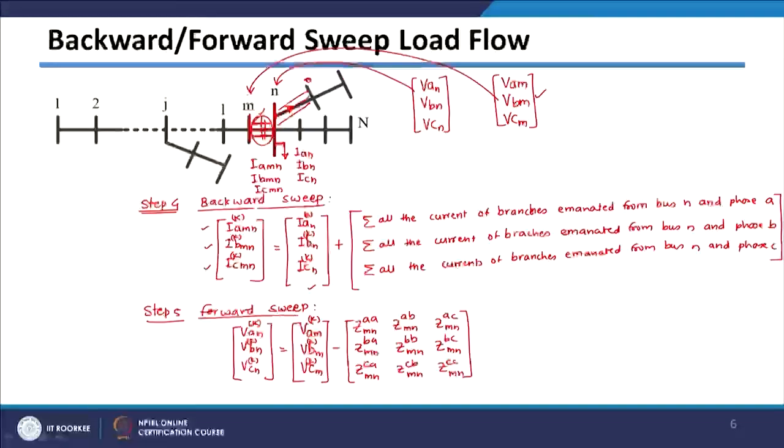So this is nothing but the impedance matrix of this line section here, and then this should be multiplied with your line currents which are flowing in this line, and we have seen that we already calculated these line currents in step number 4. So these line currents will be IAmn, IBmn and ICmn, at kth iteration we already calculated.